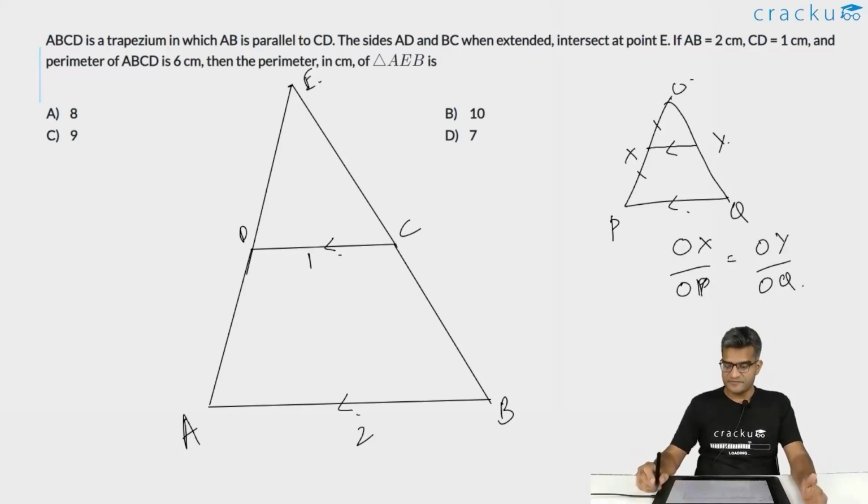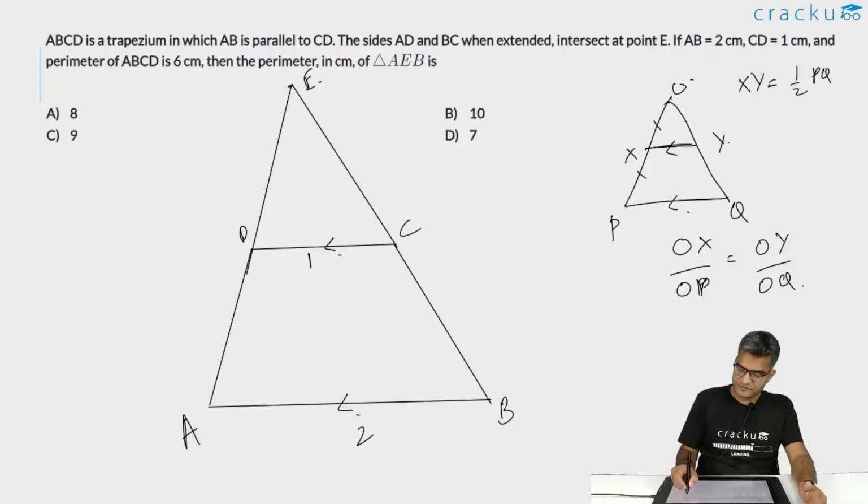More importantly, if the length of XY is half the length of PQ, that is if XY is a line which is parallel to the base and half its length, then both X and Y have to be midpoints of the lines OP and OQ.